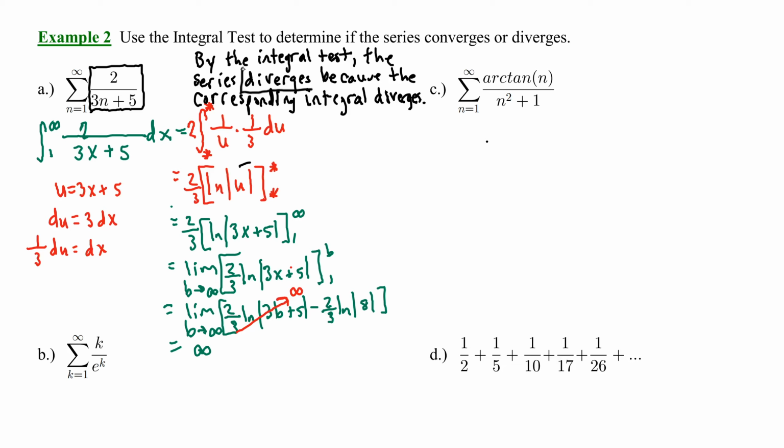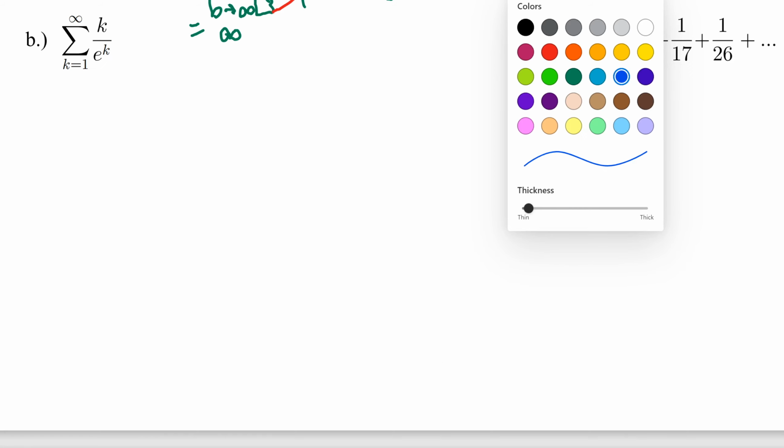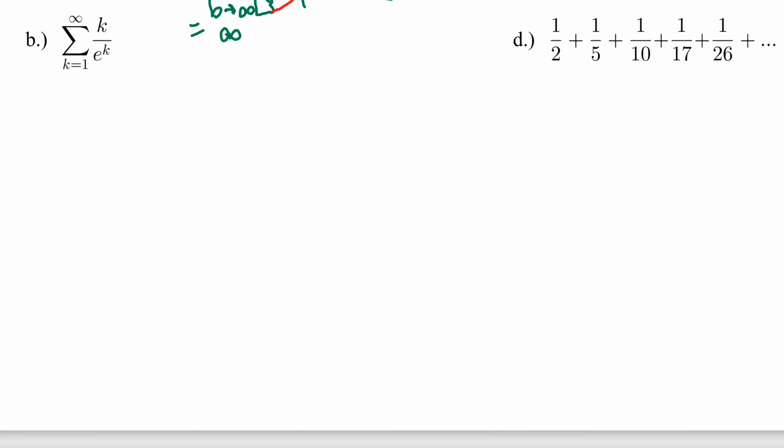So again, our conclusion is merely the fact that we know the series diverges because the integral does the same behavior. Let's consider example B.